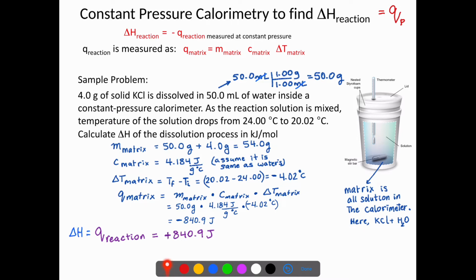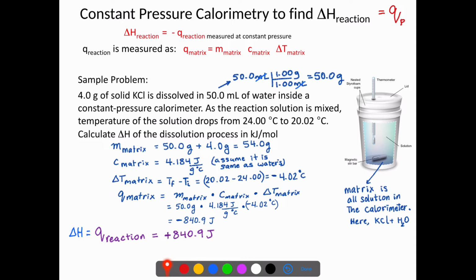Okay, so this value is delta H for the reaction. And delta H is positive, which means this is an endothermic reaction. Yes, the dissolution process, dissolving KCl, is taking energy from the surrounding water. That's why the surrounding water or the matrix is cooling down. So the dissolution process we have here is endothermic.